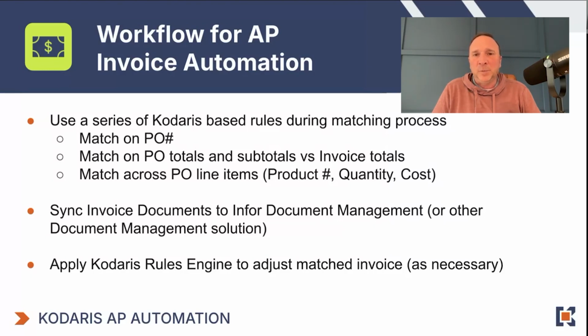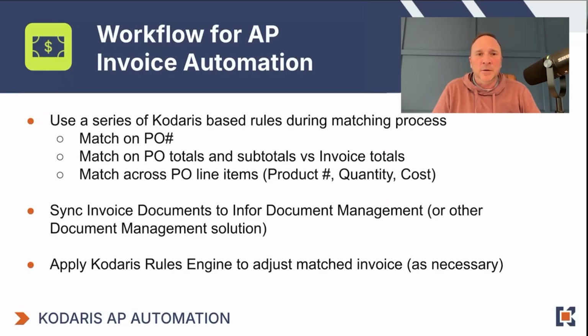We can bypass product and start to match against quantity and cost. So that particular distributor said to me, Mike, if the product number doesn't match, but there's a quantity match and a cost match, we can assume for this vendor anyway that that's a match at the line level and we can move to the next step in the process.